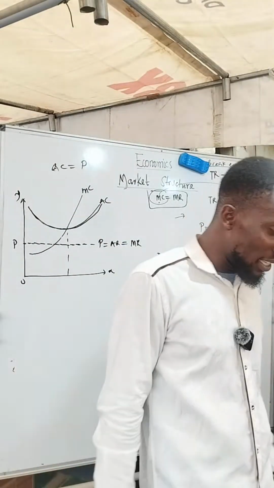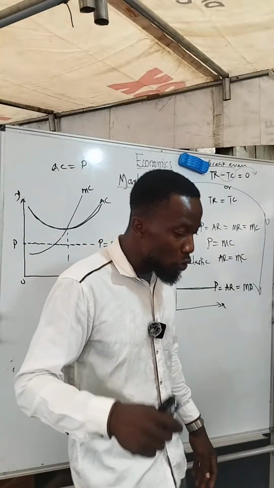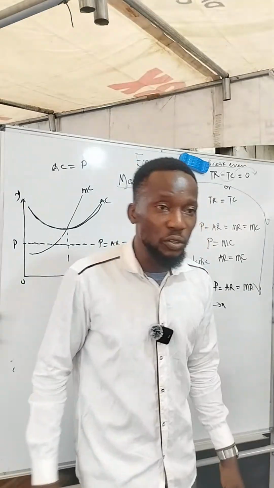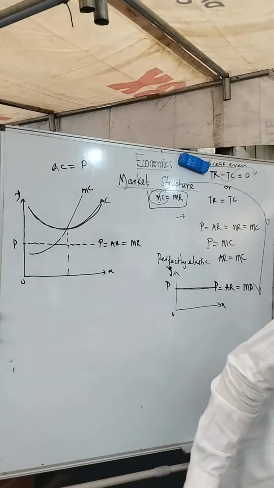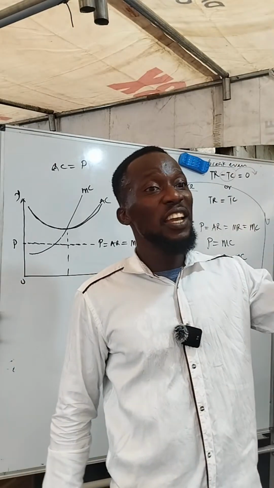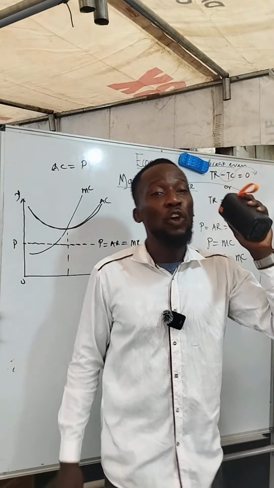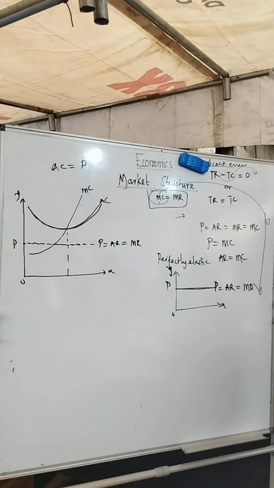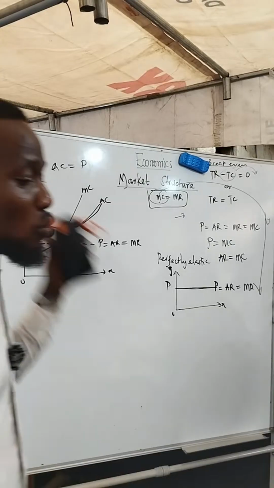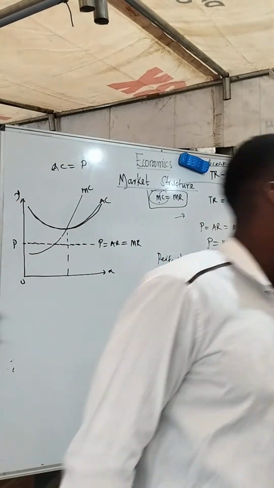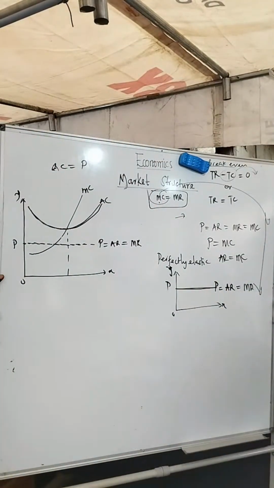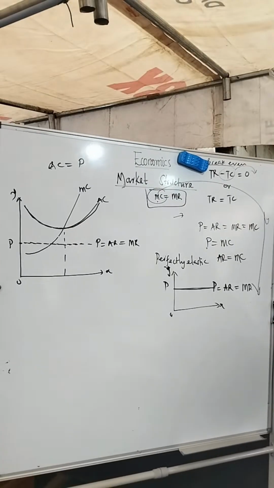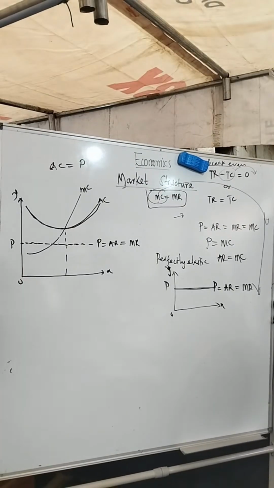Another reason is that the condition of product homogeneity may not be real. The quality, they can make an adulterated version of this. Look at this board that we are using. This is an imported board, made in China.